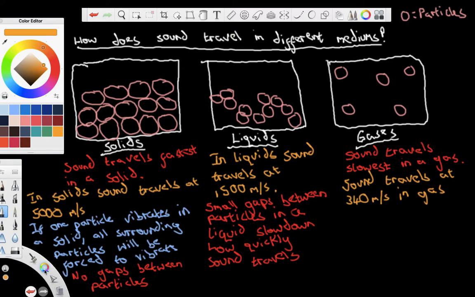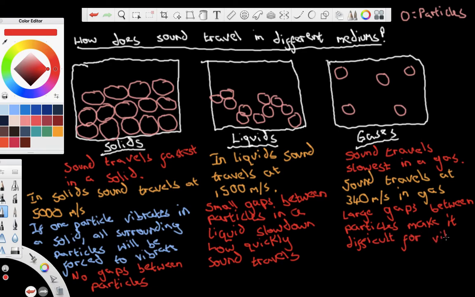Okay? So we can say, switch back to red, large gaps between particles make it difficult for vibrations to be passed between particles.